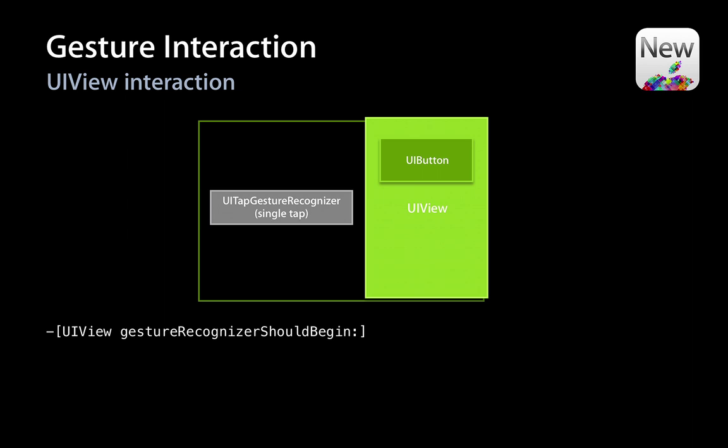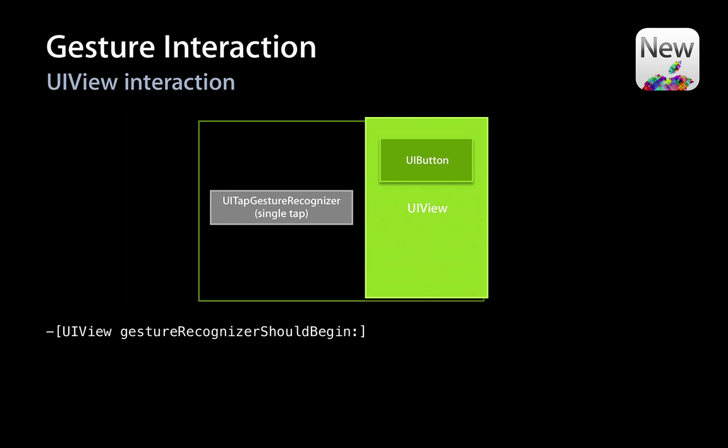Now, this probably looks familiar because a method of the same name already existed before on the UIGestureRecognizerDelegate protocol, but this method now also exists on UIView, and any UIView can implement this method and return NO for any gesture recognizer that is attached to one of its superviews. So for example, a UIButton could return NO to indicate that a tap gesture recognizer on its superview should not be allowed to begin for touches in the button.